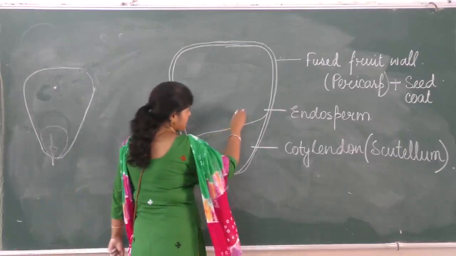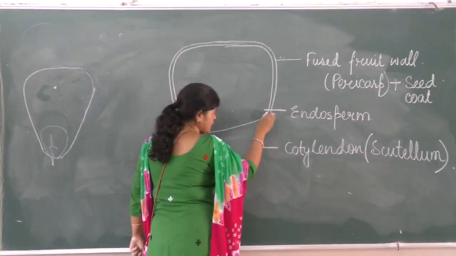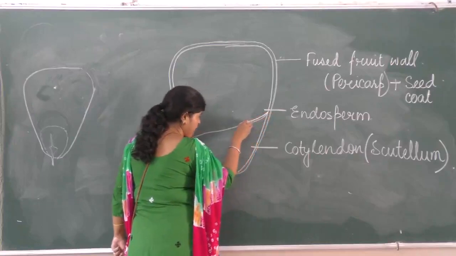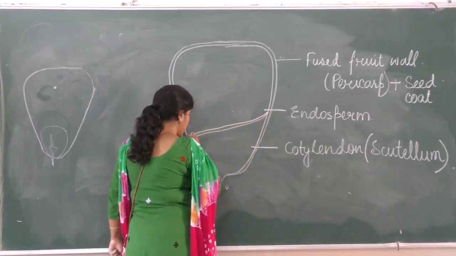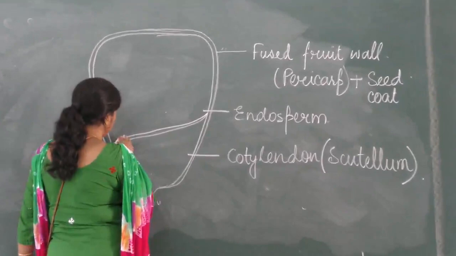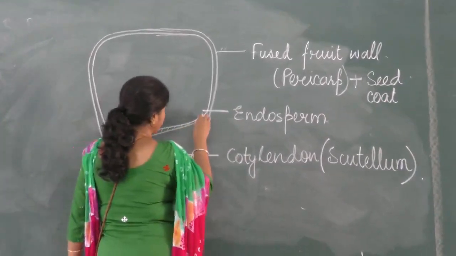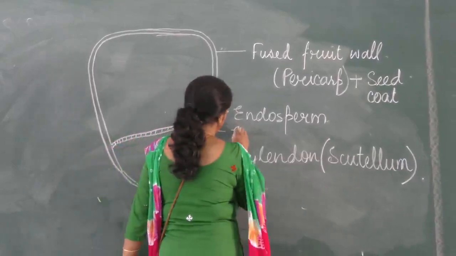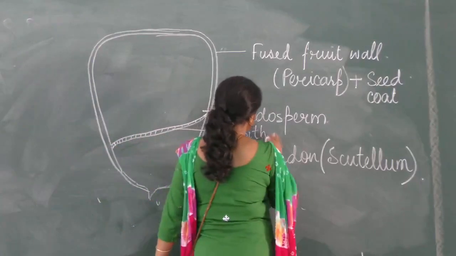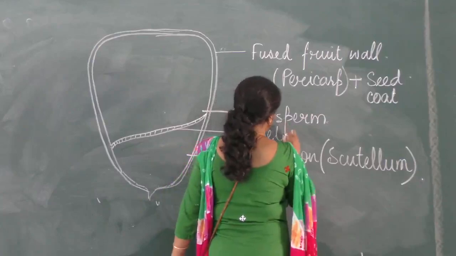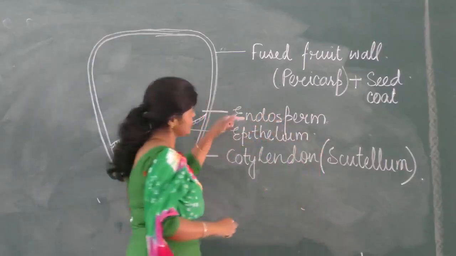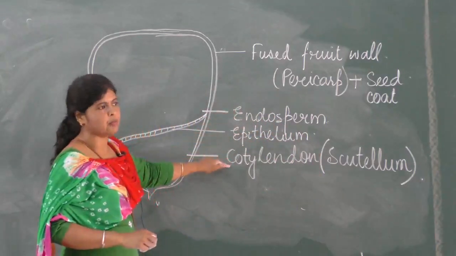The endosperm and the cotyledon are separated by a thin layer of epithelium. We call it epithelium, it's not the epithelial cells that we have. What is it doing? It is separating the endosperm from the cotyledon.